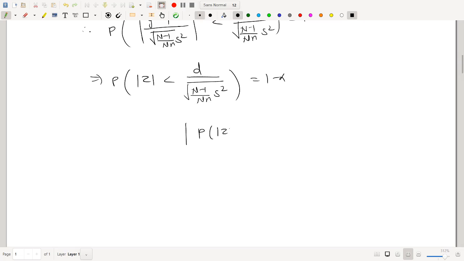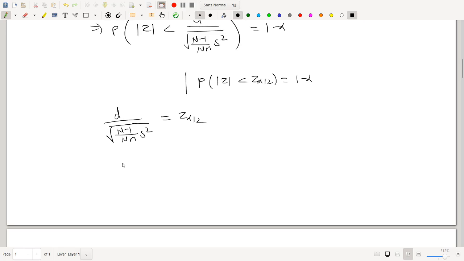Probability of mod z less than z alpha by 2 is equal to 1 minus alpha, where z follows normal 0 1. So compare this with this one, then we get d upon root of (n minus 1)/n S square is equal to z alpha by 2.